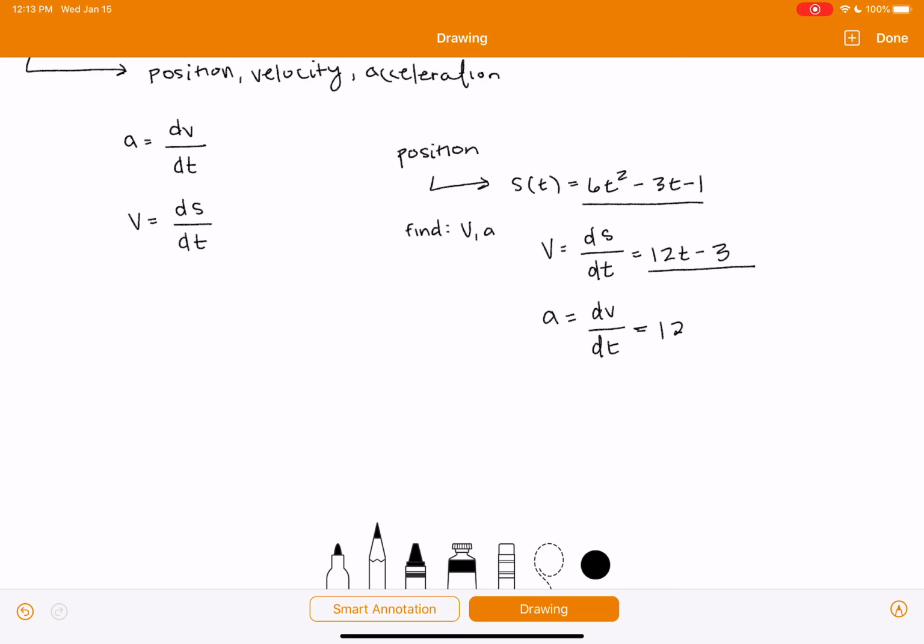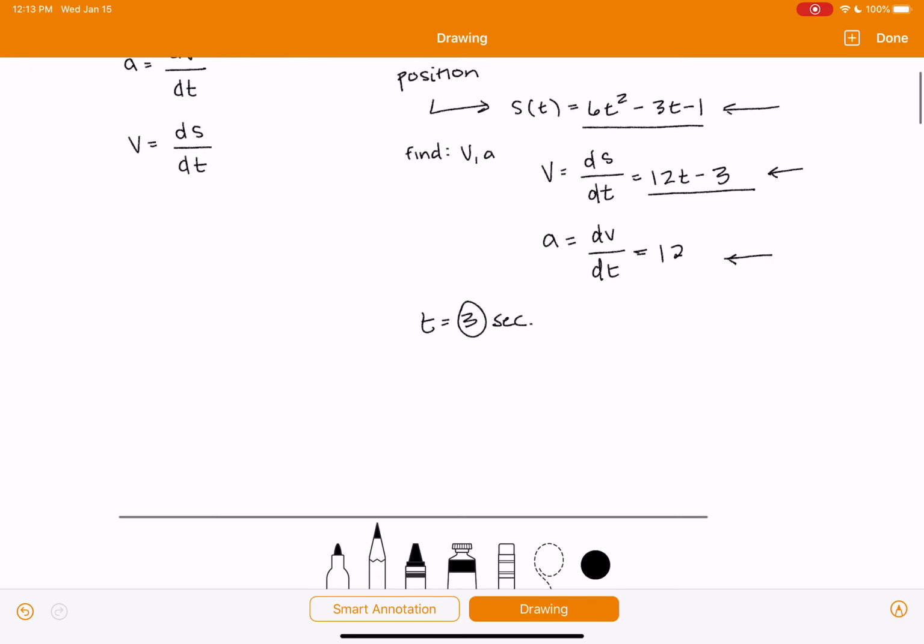Now, if you wanted to find position, velocity, and acceleration at a given time, let's say t equals 3 seconds, then we can just plug 3 in for t into each of these equations.